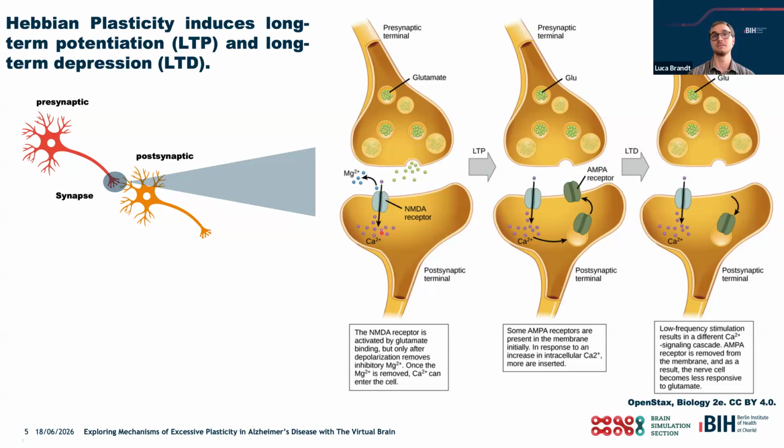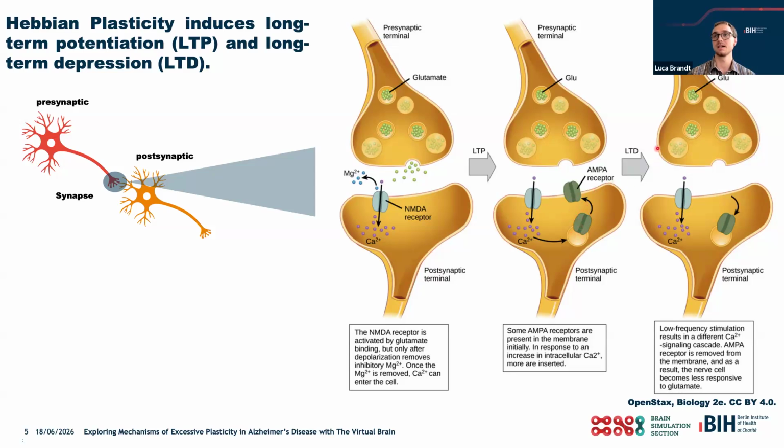Then calcium can influx into the cell, and if the calcium levels are sufficiently high, AMPA receptors get inserted into the membrane. So if a future action potential arrives at the same connection, the postsynaptic neuron becomes more responsive because there are more receptors to depolarize it.